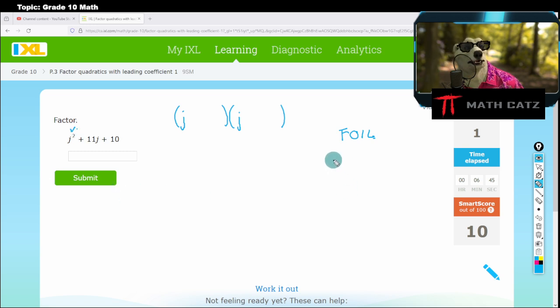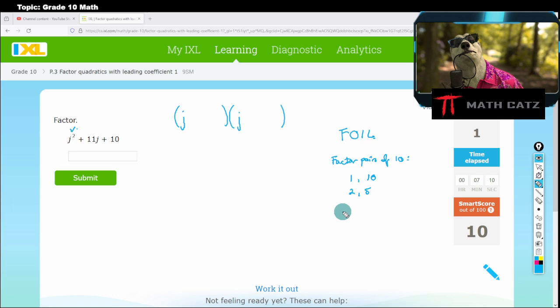Now I need to look at factor pairs of 10. Those will be put in the last places of each bracket. Well, 1 and 10, 2 and 5, no 3, no 4, 5 and 2 are the same.